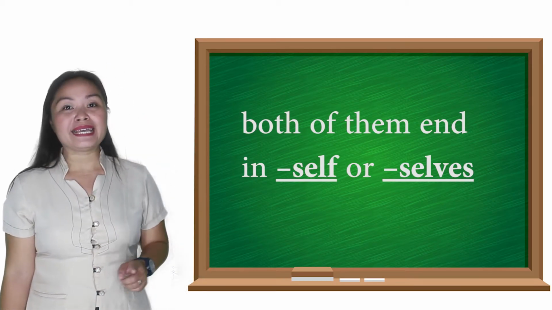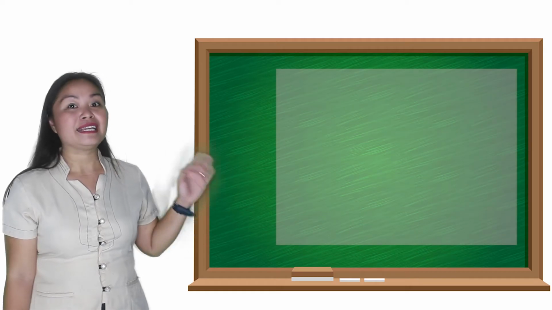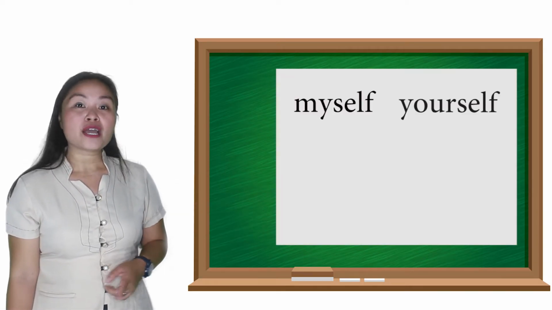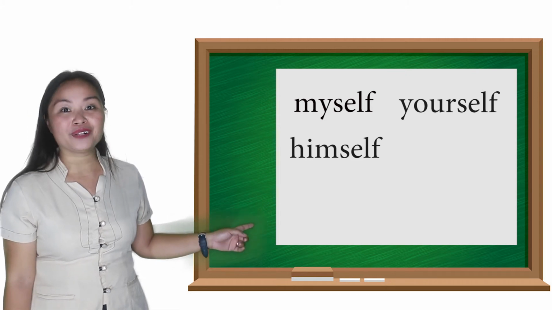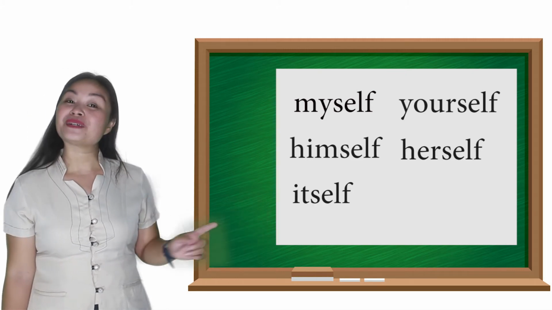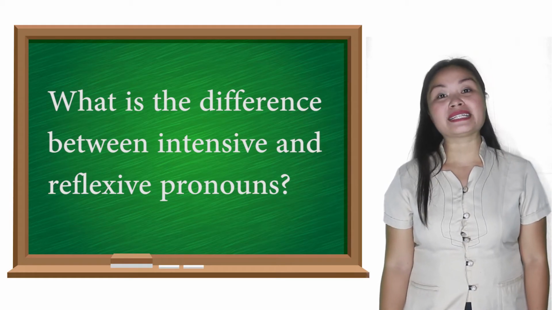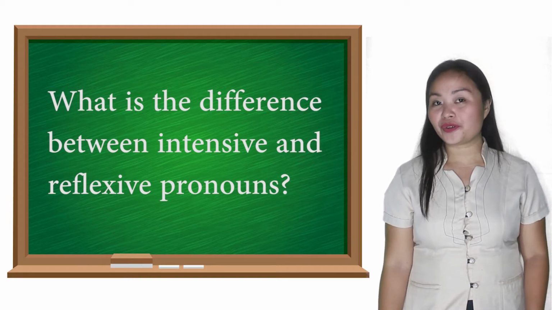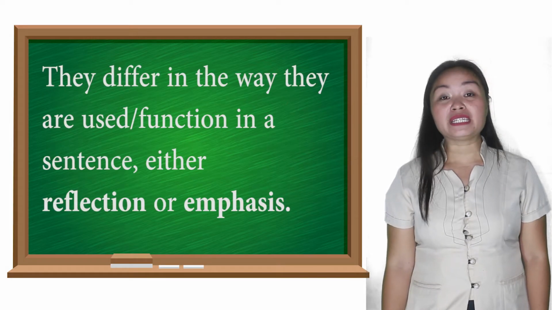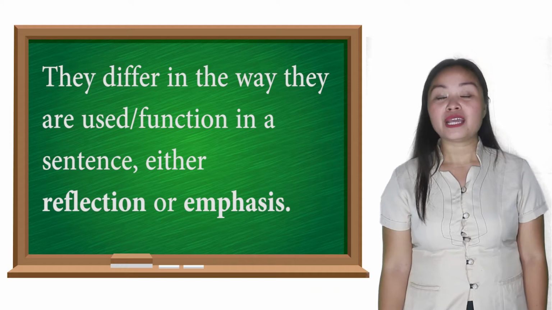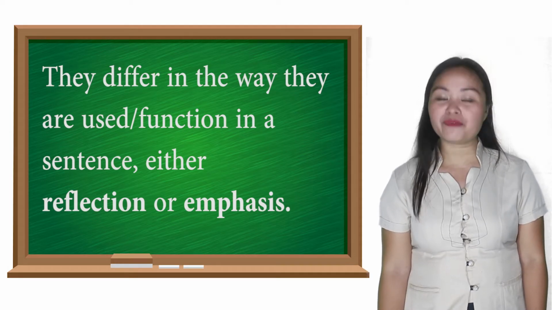So look at the examples of pronouns inside the box: myself, yourself, himself, herself, itself, and ourselves. What is the difference between an intensive pronoun and a reflexive pronoun? They differ in the way they are used or function in a sentence, either reflection or emphasis.